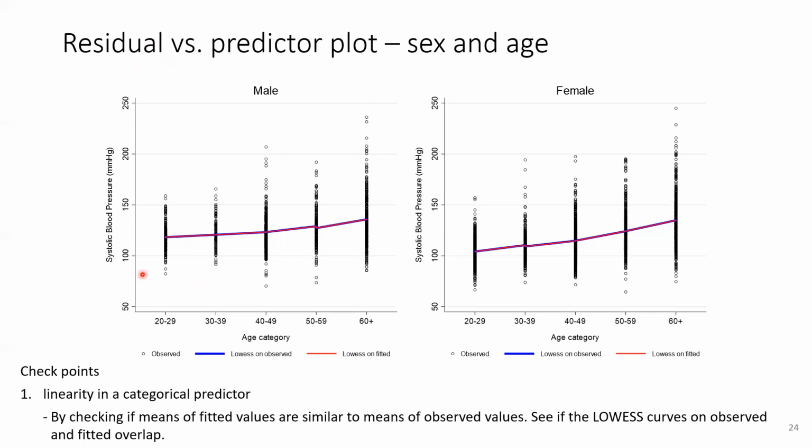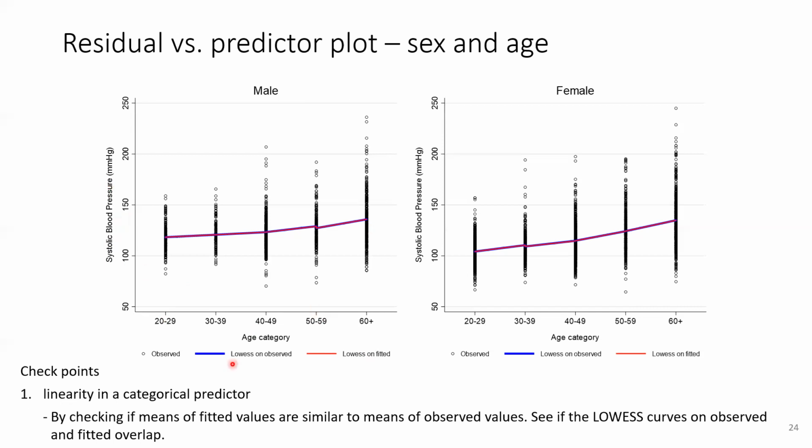So first of all, I fitted the lowest curve on systolic blood pressure. I calculated the mean systolic blood pressure at each age category, and they were just connected using a line.